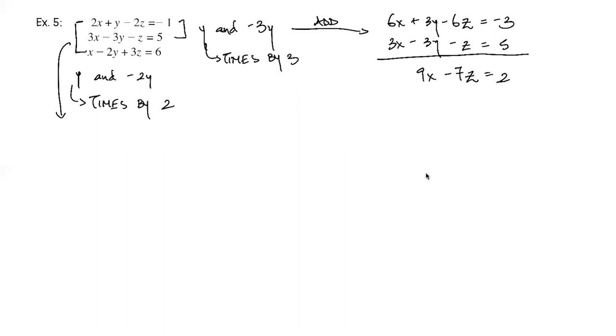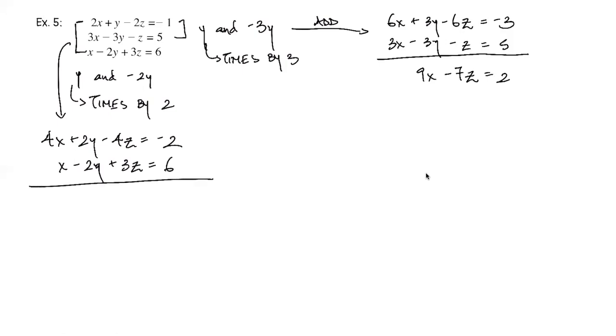Okay? So that's going to give me 4x plus 2y minus 4z equals negative 2. And then my bottom equation is x minus 2y plus 3z equals 6. And I'm going to add them, and that should get rid of the y. 5x minus z equals 4.